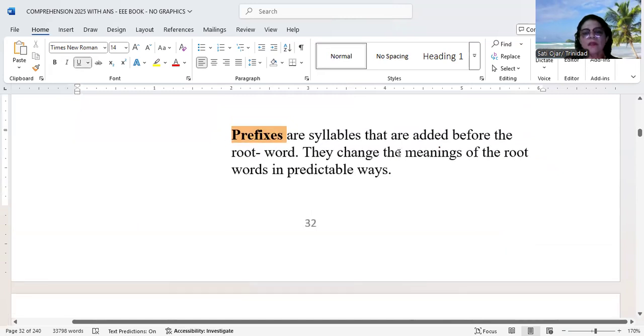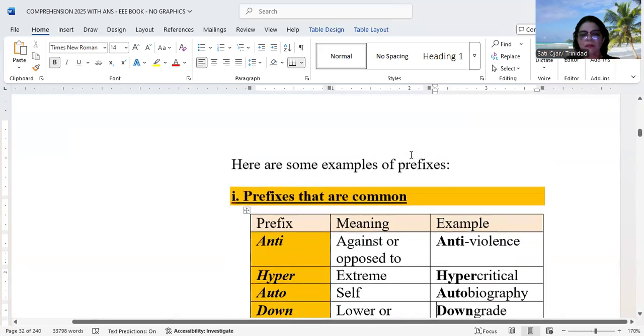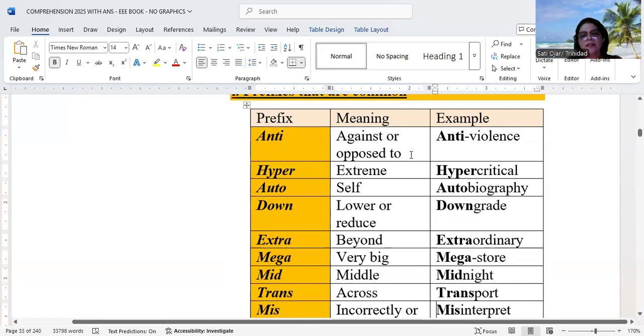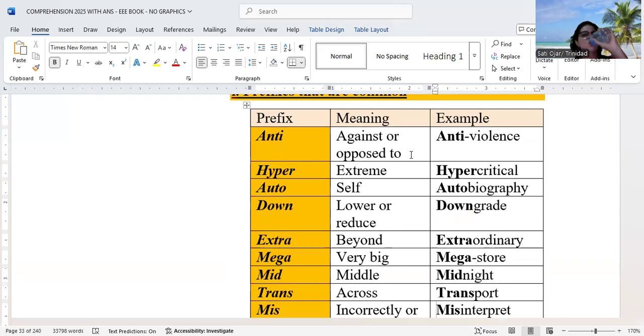Prefixes are syllables that are added before the root word. Now we have some prefixes here. What does anti-violence mean? Anybody? Xavier, go ahead.